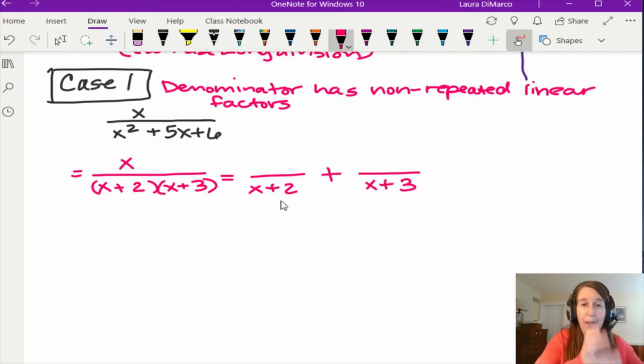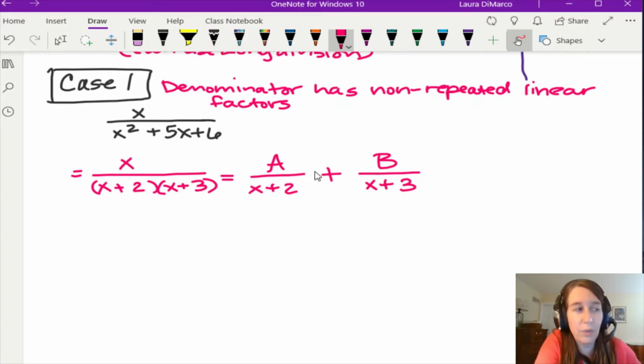How do we break it back apart into its separate fractions? The thing is, we don't actually know what goes here and here, so we're just going to call that A and B. I like to use a capital A and a capital B. It really distinguishes and keeps it really easy to solve, to see the answers then.